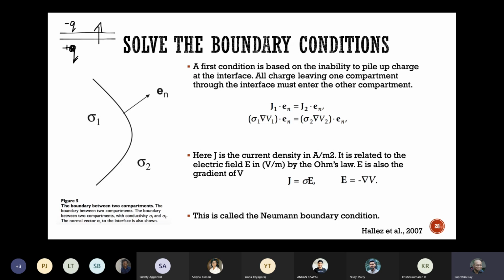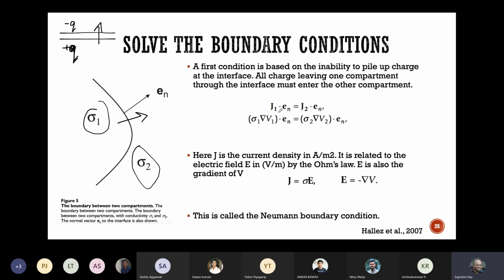Which means that all charge that leaves one compartment must enter the other compartment. So if I'm at an interface where the conductivities are different, sigma 1 and sigma 2, the current that is going through in one direction must be equal to the one that you have in the other direction.